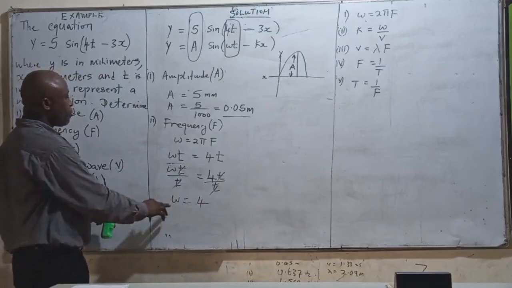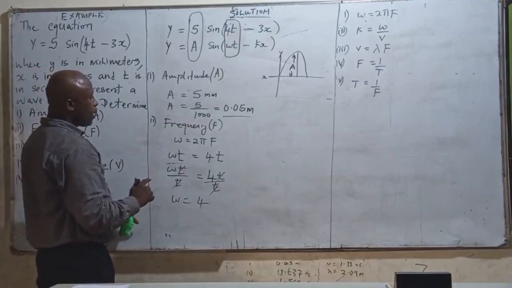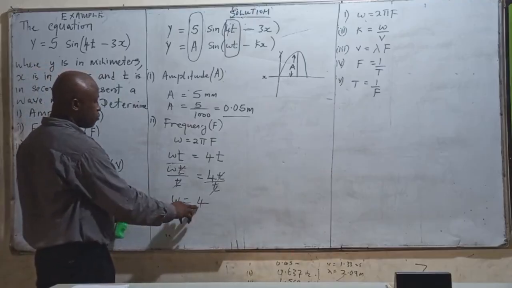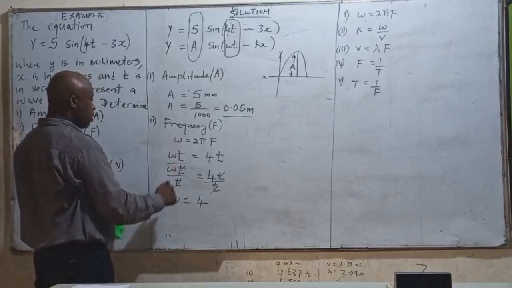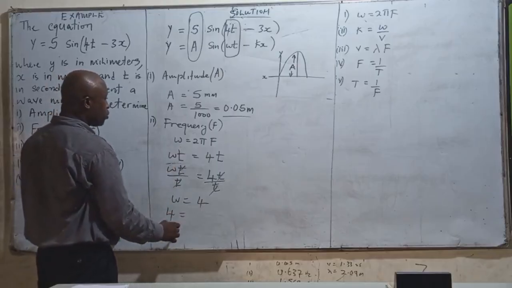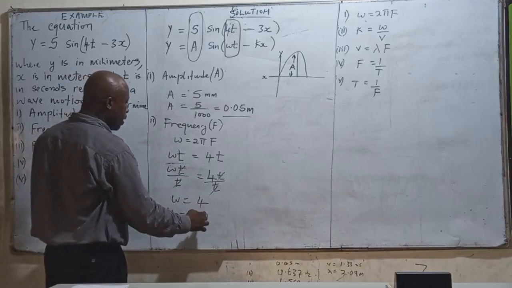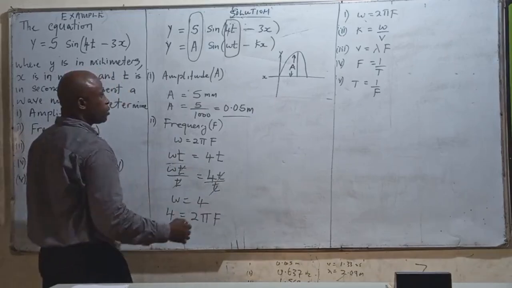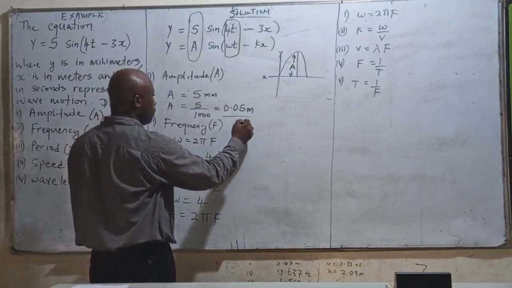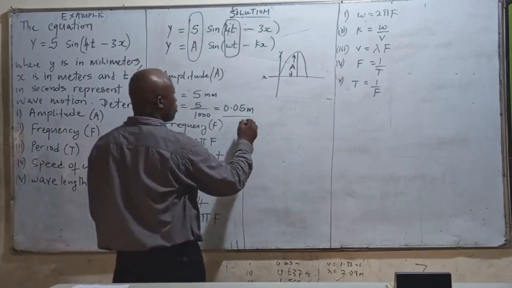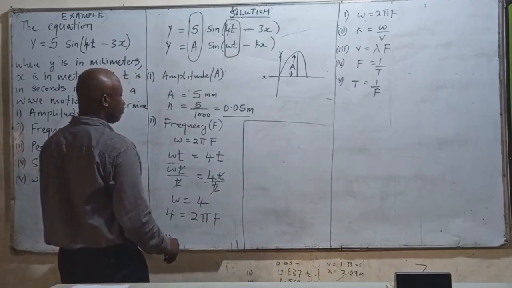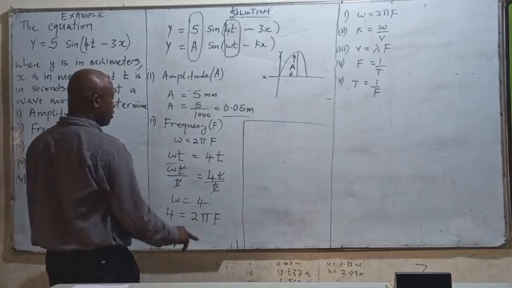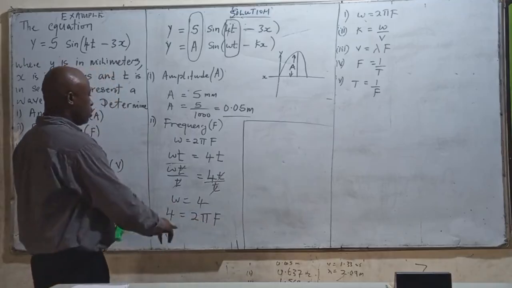Then the next thing we do: we have obtained w, and remember we are interested in f. Since we've gotten w to be 4, in place of w we write 4 is equal to 2 pi f. Since I'm interested in f, I'll divide both sides by 2 pi.